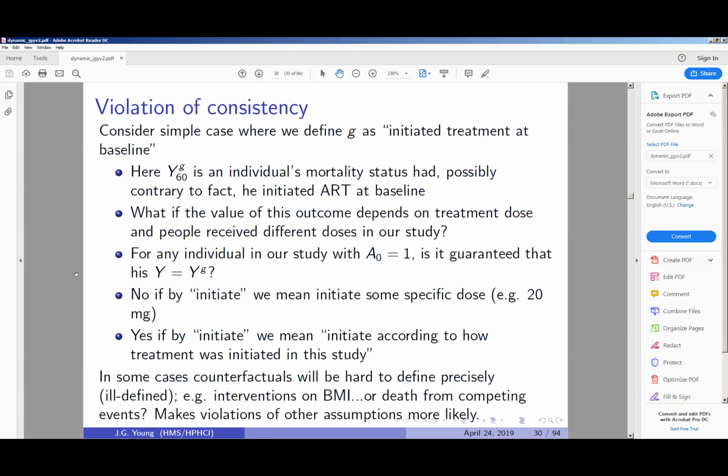So if we consider the meaning of G to be the first one, then it's not guaranteed that simply because you initiated, your counterfactual equals your observed. But if we make our meaning of initiate link to dose in a more flexible way that links to the study, then yes, if you initiated, then your counterfactual outcome equals your observed outcome.